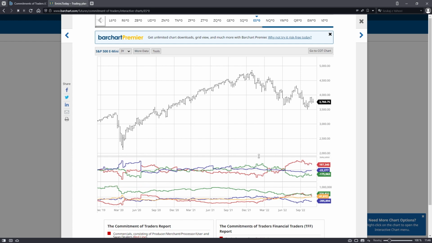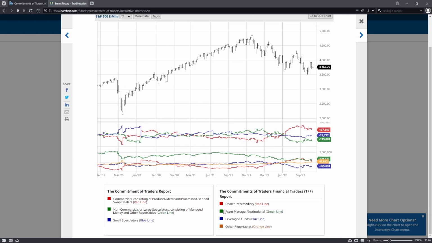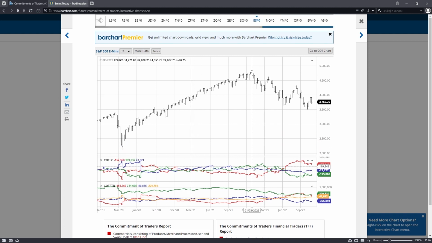But what I'm talking about is, if you look at asset managers and institutional, so the green line, you will see that they went short. So the net short was exactly the first one here. Then they went long, and then they shorted almost at the bottom. So in the case of the bear market, it really doesn't look so good.